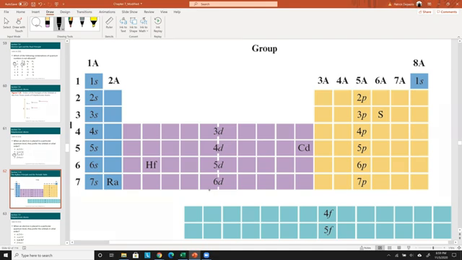You can have your s orbitals, your p orbitals, your d orbitals, and your f orbitals. There's a lot to go over here. But first, to get the majority of the elements' electron configurations out of the way, let's talk about sulfur. We're going to do the electron configuration for sulfur.